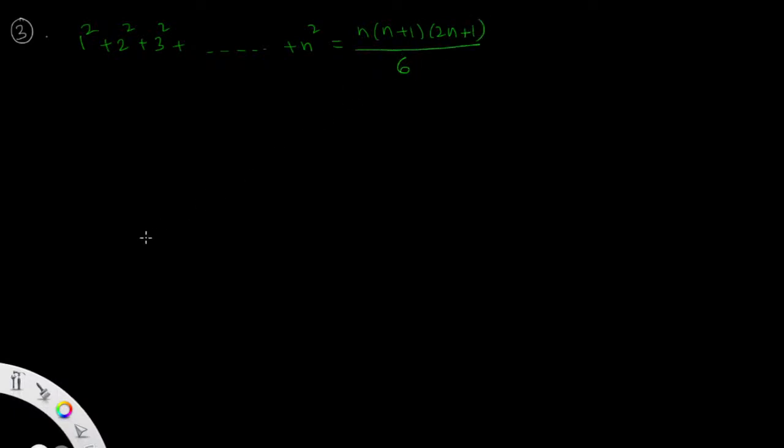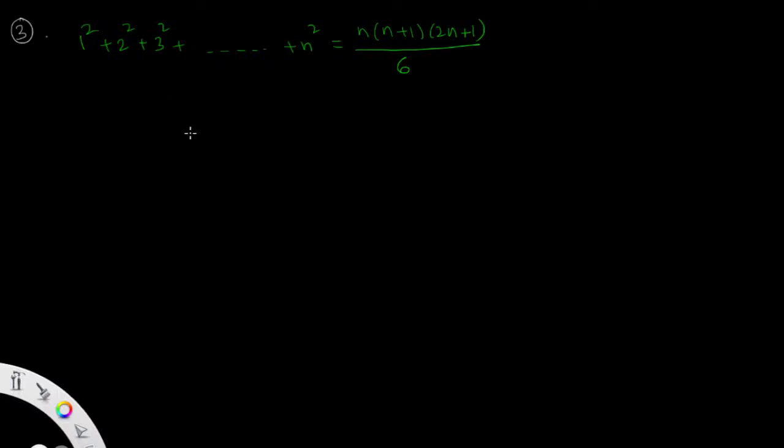This is known as sigma n square. We have to check this formula also by using mathematical induction. In the place of 1 square plus 2 square plus 3 square going on till n square, all these are sigma n square, okay?